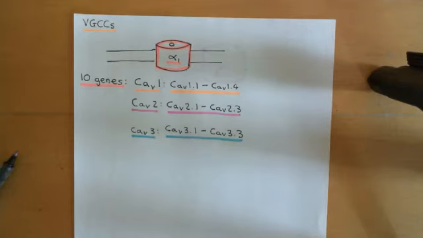Okay, now, voltage-gated calcium channels, as I said at the start, they're going to have lots of accessory subunits usually attached onto these alpha-1 subunits. Very rarely do you ever actually have a voltage-gated calcium channel that only consists of the alpha-1 subunit.